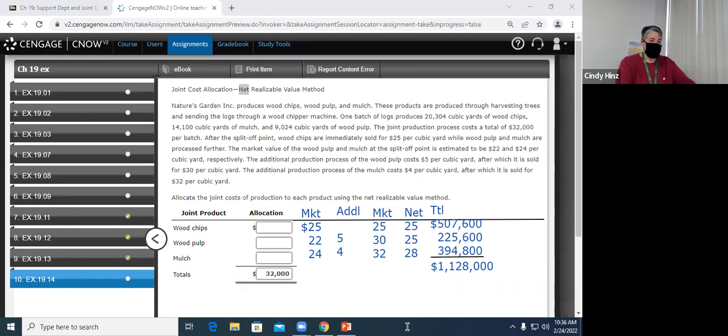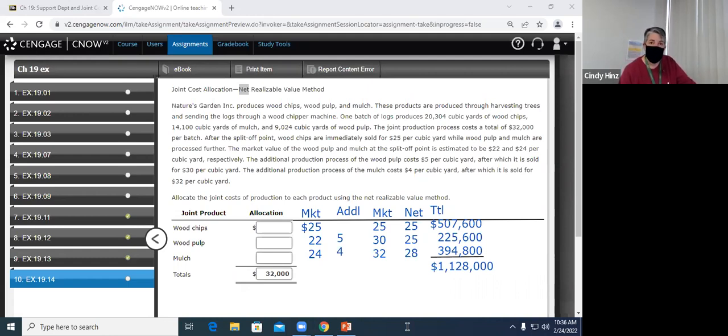So the net realizable value, $1,128,000. How much we can sell it for at the end minus the additional processing that we'd have to pay.